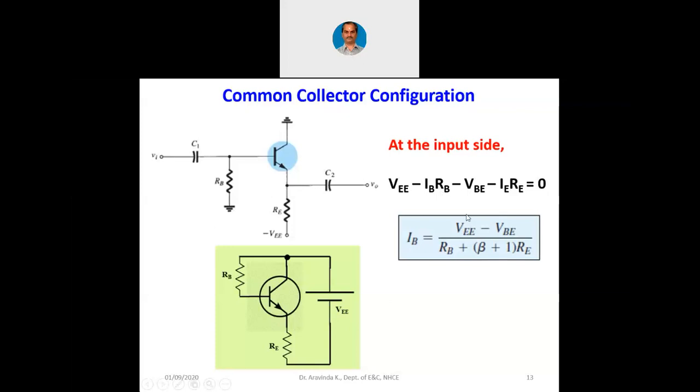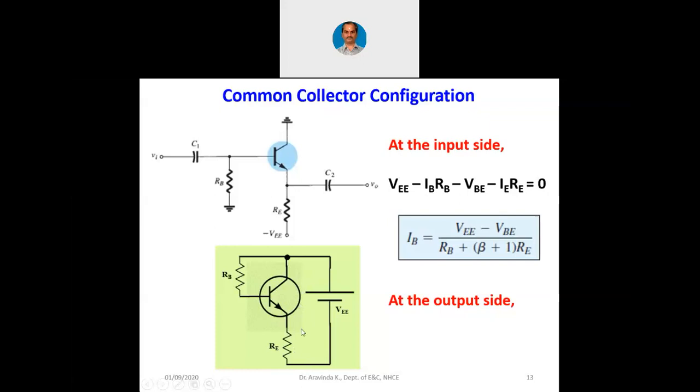Now, this is at the input side. Let us see the output side. At the output side, again we can apply Kirchhoff's voltage law. VEE is applied across the collector, so VCE plus IERE equals VEE. At the output side, there is a voltage drop across collector and emitter, and then there is a drop across RE.